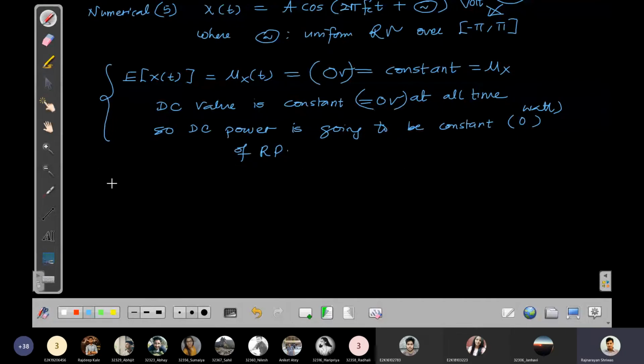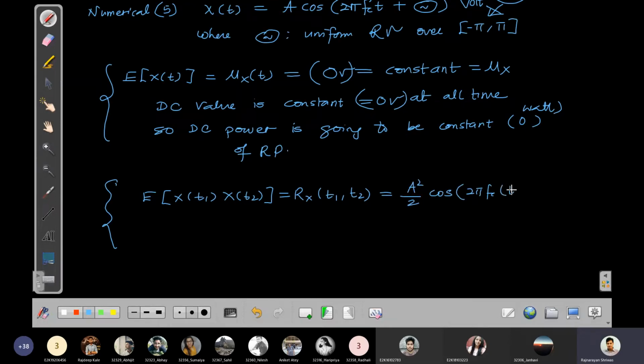And there we have part 2. We discussed the numerical expectation of xt1 xt2, and we called it autocorrelation Rx t1, t2, and there we got this as A square by 2 cos 2 pi fc (t2 minus t1).